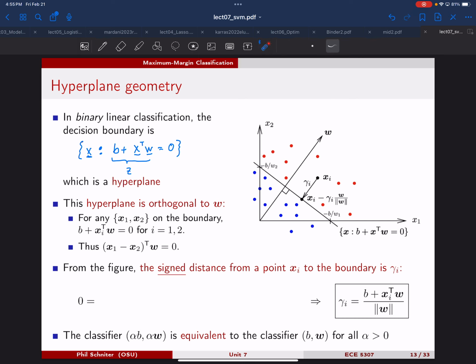So for all the possible feature x1, x2 pairs on the boundary, this is the place where the score is 0, which is the place where the classifier is most unsure of what to do. It basically has no idea what to do for data that's right on the boundary.